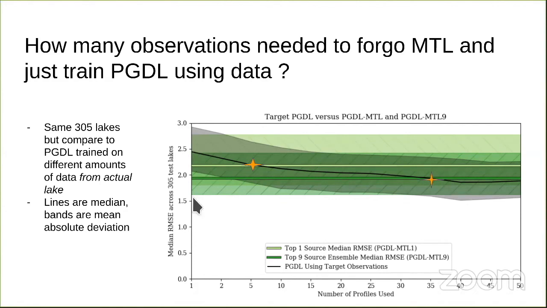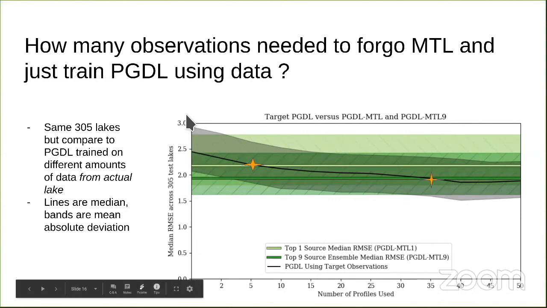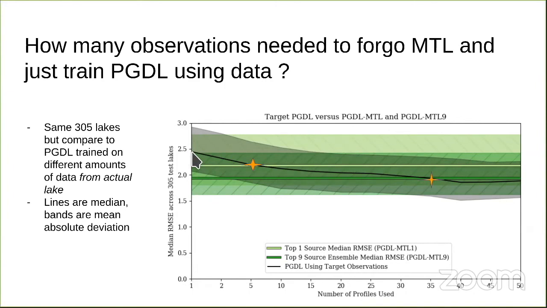So on the far left here, you would have a PGDL model trained on just one water temperature profile. And as we move along the x-axis, we increase the data and performance also improves, which is expected because it's a data-driven model.